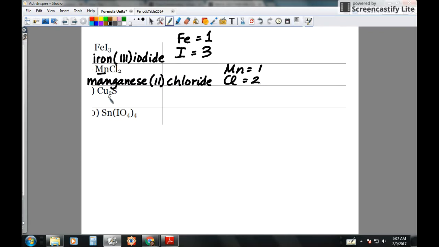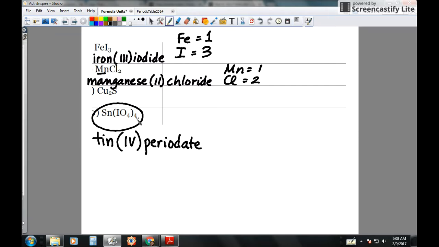You can try this next one on your own, but I'd like to get to this one because this is a little bit more complicated. Hopefully you remember that that's called tin, Roman numeral 4, periodate. Let's try to understand how many atoms of each element are in this formula.